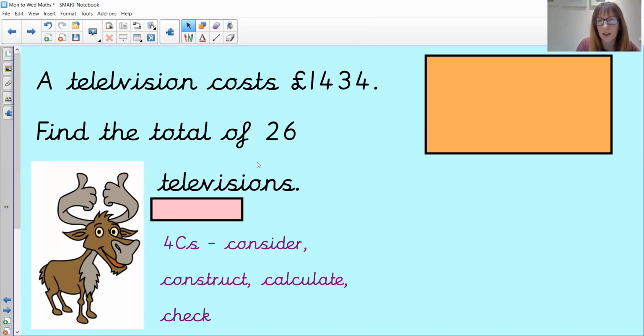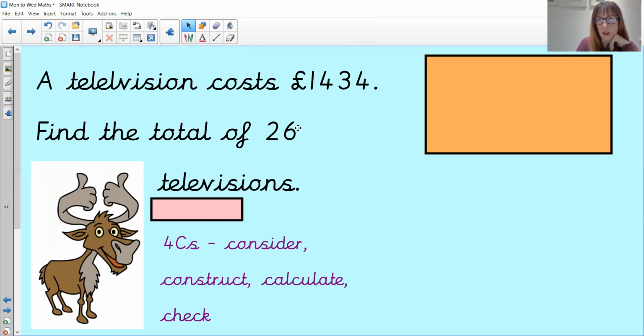So consider the problem. What's it asking you? 26 televisions would cost, that's what you're finding out, isn't it? Construct the problem. So could you draw a picture to show a bar model or something to show what you have to do? Then calculate it and then check.